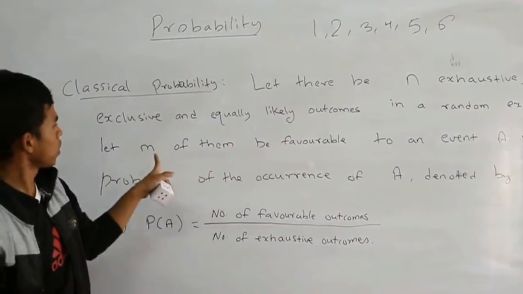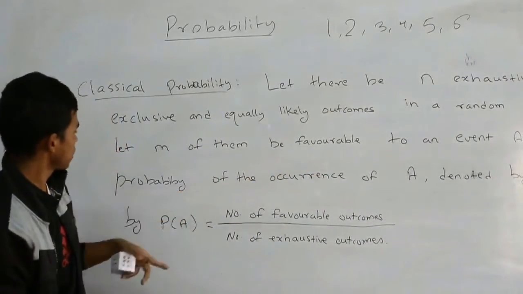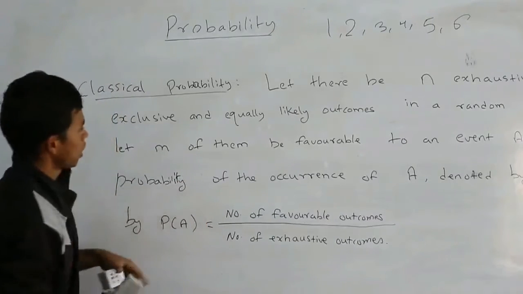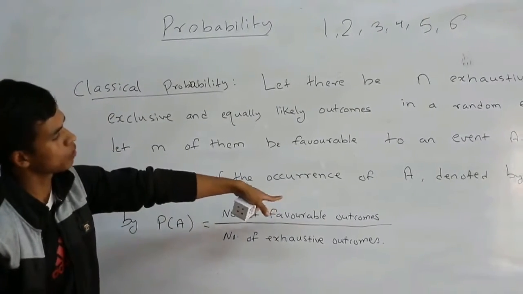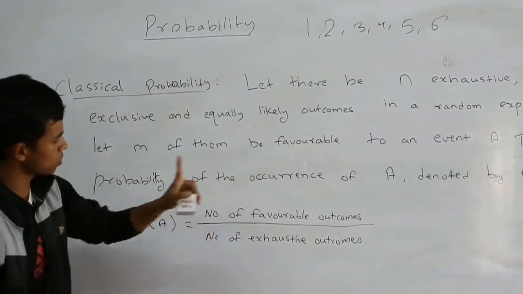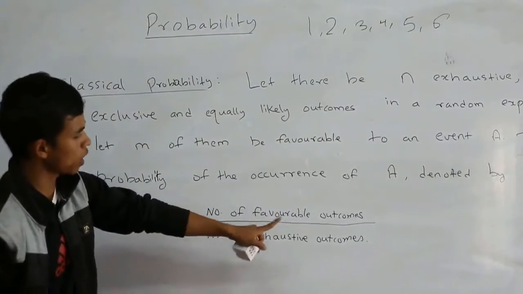Through an example, we will understand the meaning of this favorable. Then the probability of the occurrence of A, which we denote by P(A), is defined as the number of favorable outcomes divided by the number of exhaustive outcomes.